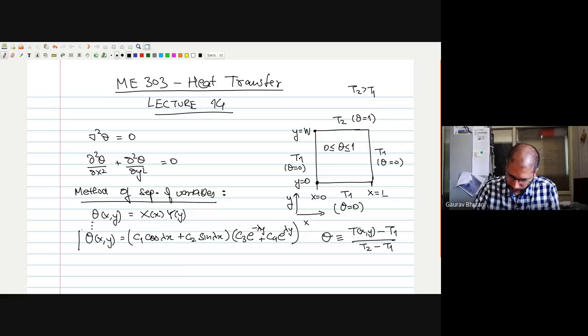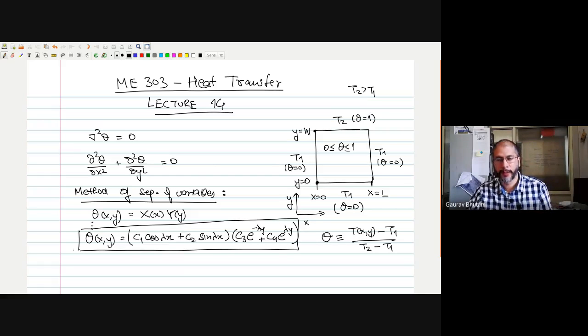This is the theta we had got after solving the equation using the method of separation of variables. This is exactly where we stopped yesterday. Do we have any questions till this point? Okay, if there's no question, then let's proceed.